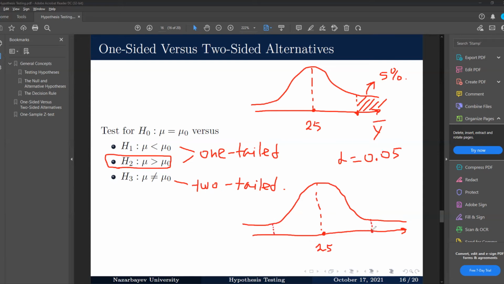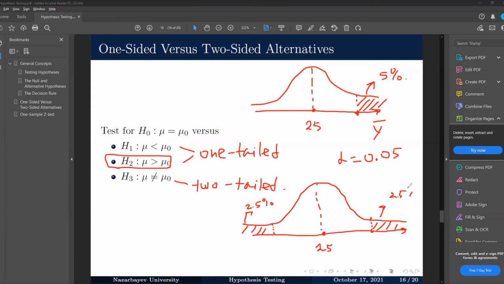And our rejection region that was previously only in the right tail would be split into left and right tails with 2.5% lying in each tail.